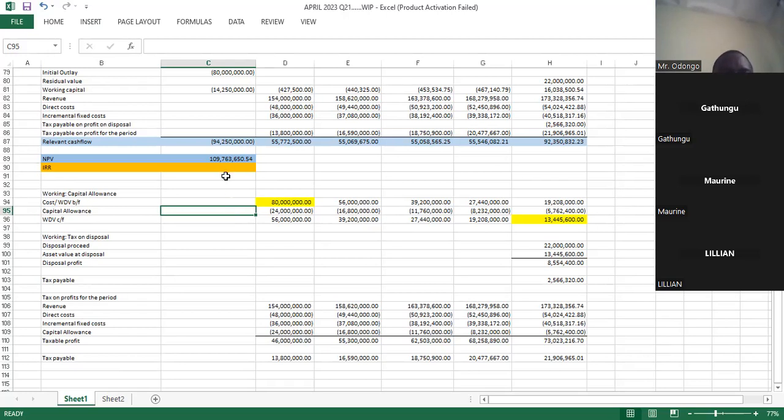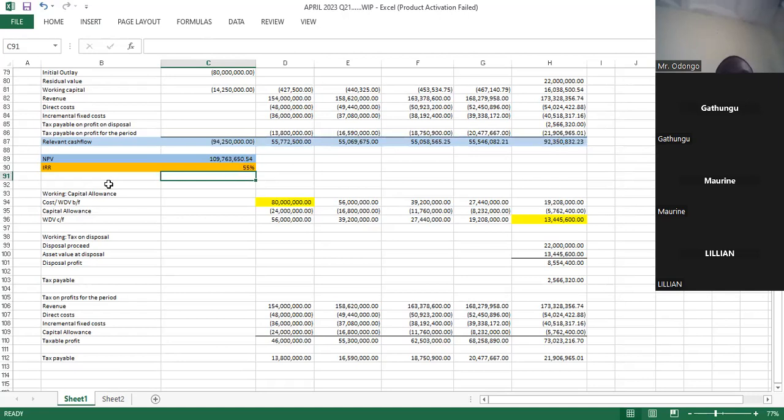If there is no question, then we can compute the internal rate of return, which is equal to IRR in bracket. Remember, we now pick all the values, from period 0 all the way to period number 5, and close the bracket.